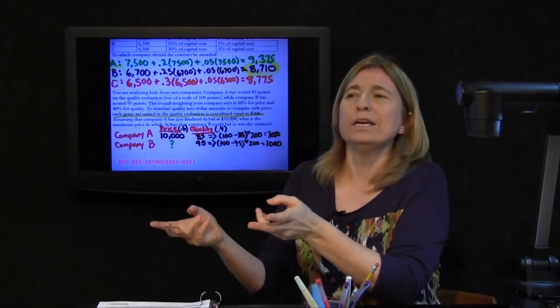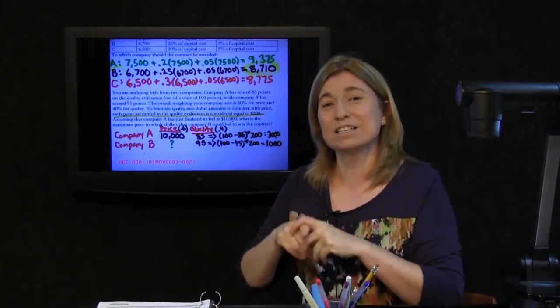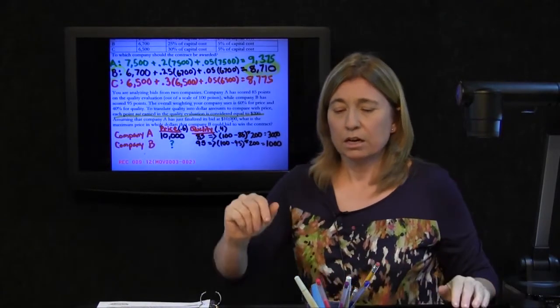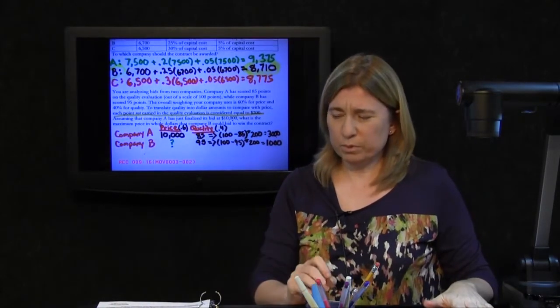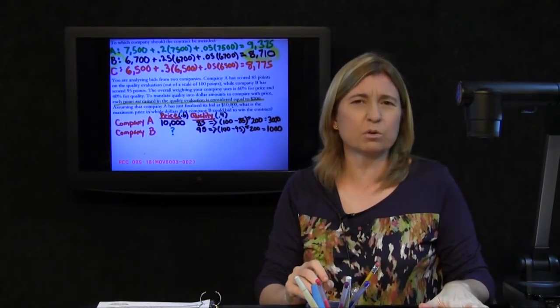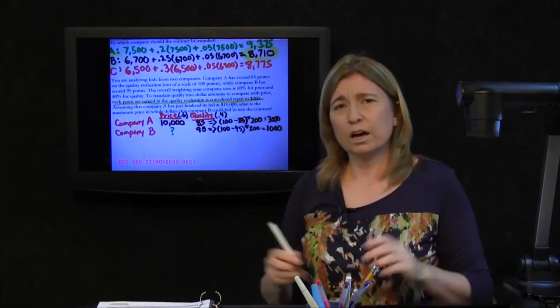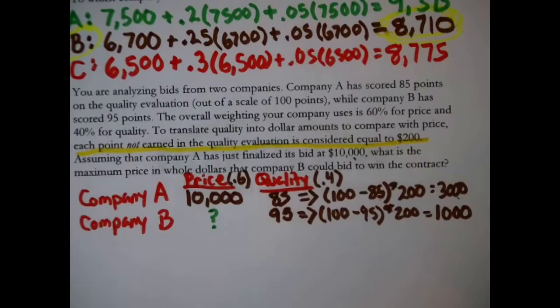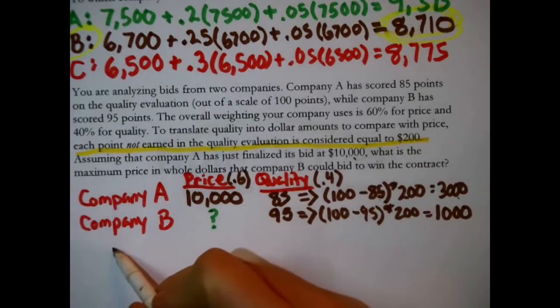Oh, we need to calculate the score that company B needs to beat. You said the score that company B needs to beat? Yes, company A's score. The whole top part of this table is filled out. We have enough to calculate company A's weighted score. So a little bit of scratch work.